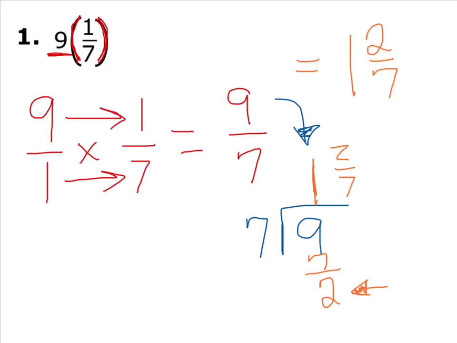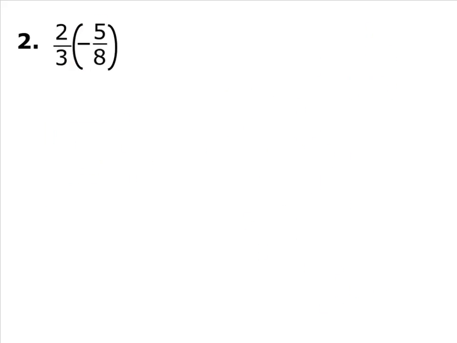Alright, let's take a look at our next one. Let's take a look at number 2. On our second example here, we have 2/3 times -5/8. Just by looking at that, we already know that our answer is going to be negative. Now we need to actually figure out what this is going to be.